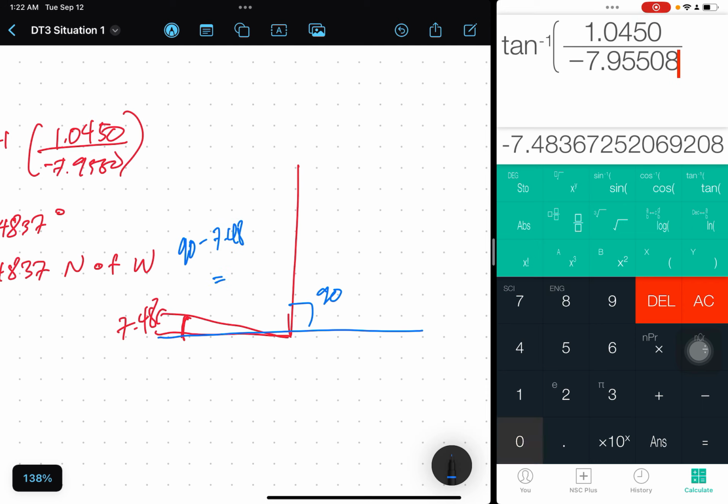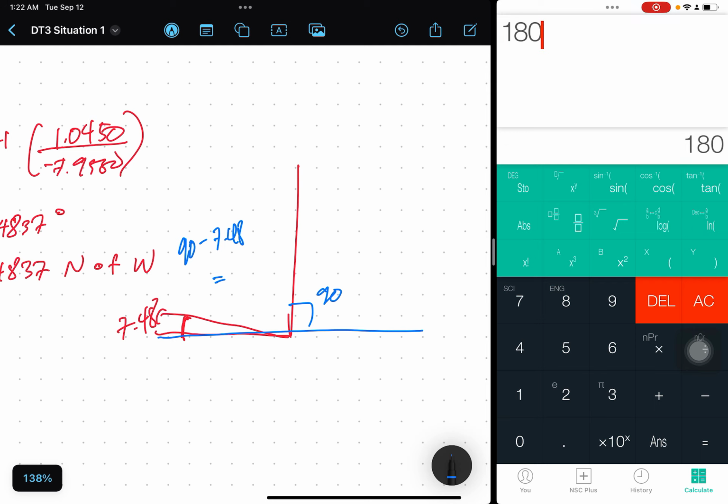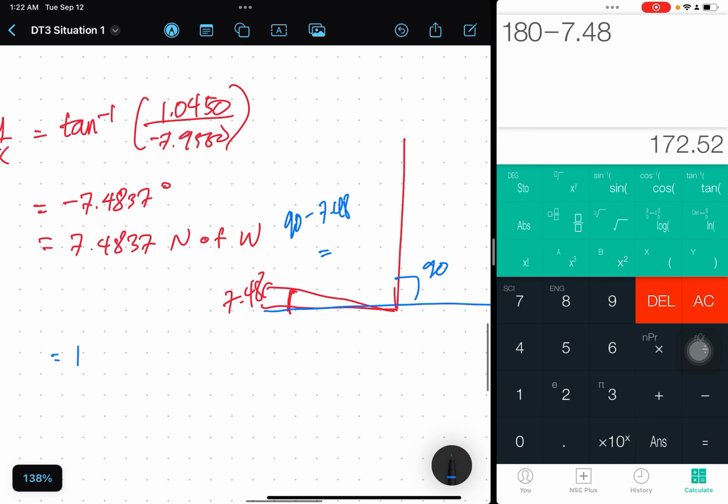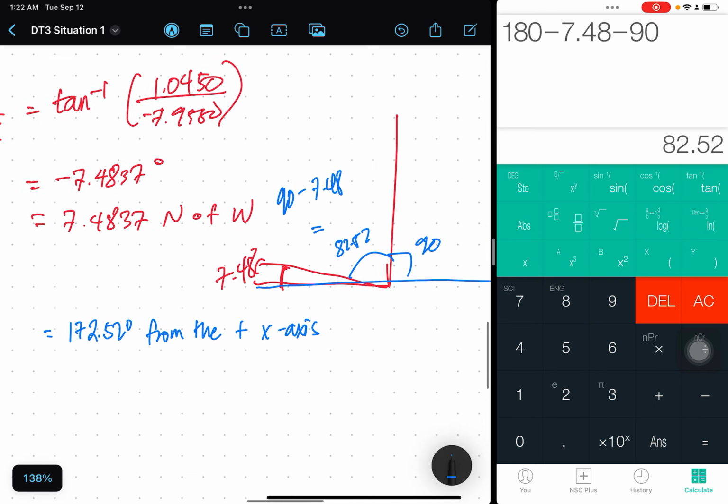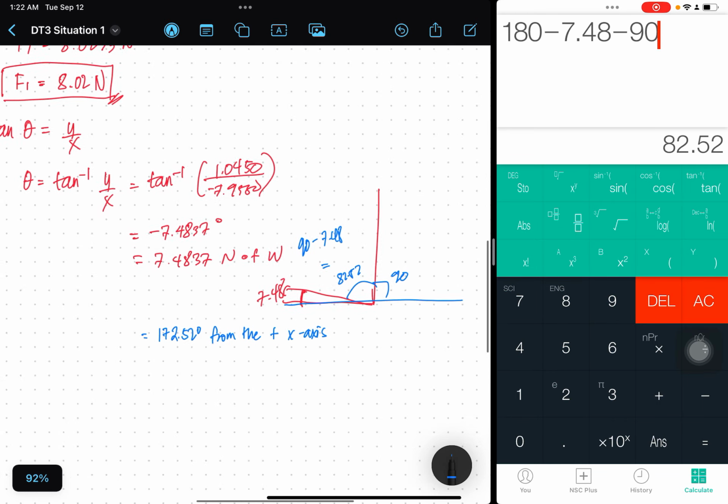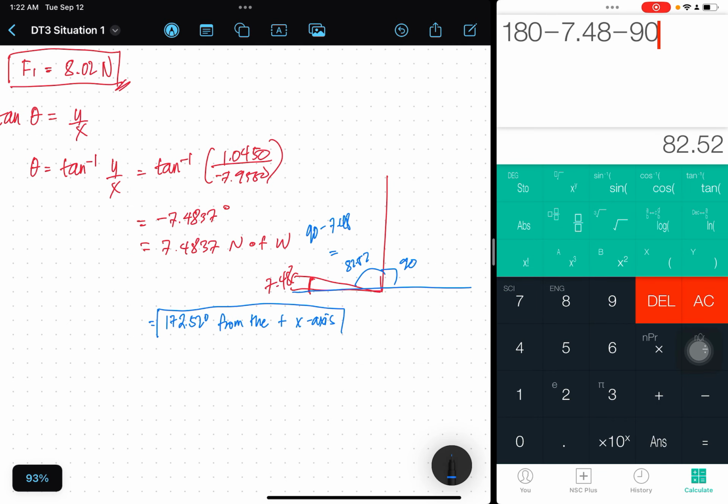Or simplify, 180 minus 7.48, 172.52 degrees from the positive x-axis. Or subtract pa natin yung 90. Theta na to ay equal kay 82.52. Okay? So, that's the first force. Yan pa lang po yung unang force.